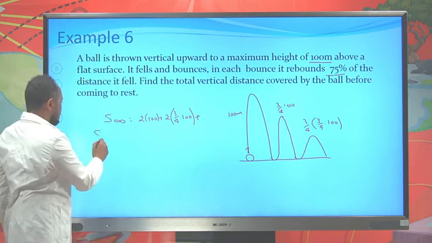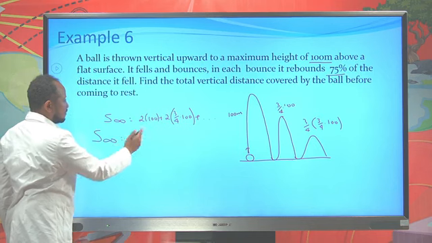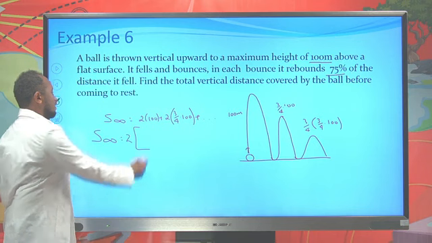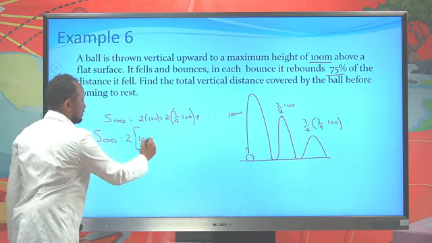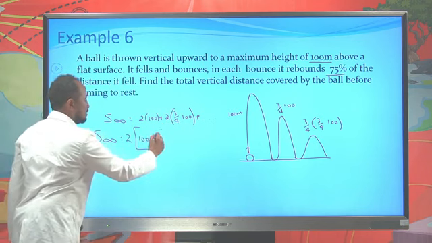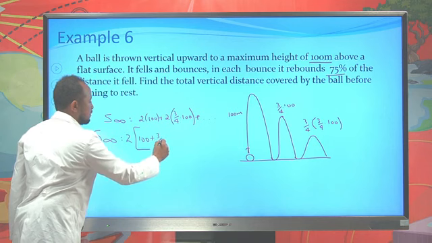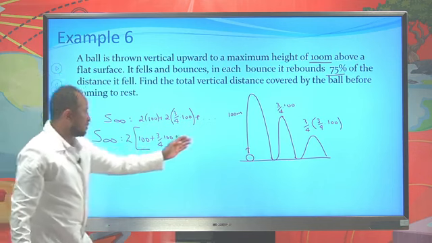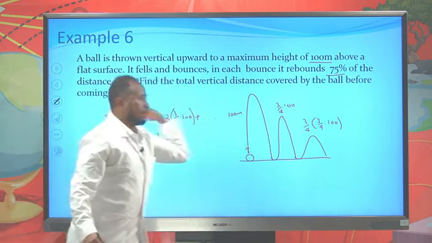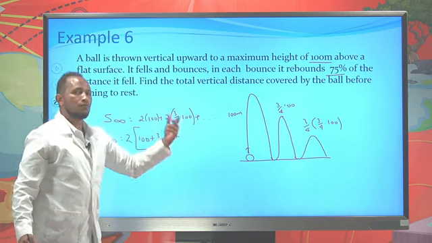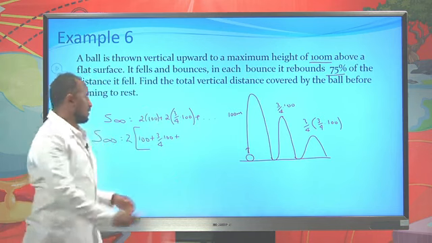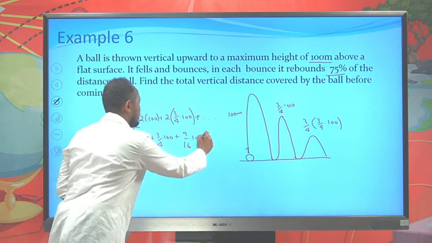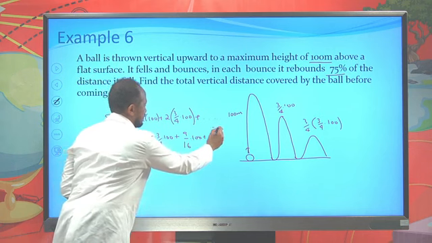Therefore, to find the infinite sum, S infinite, you can take 2 outside. You will have 100 plus the next term, 3/4 of 100, plus on the next term, having factored out 3/4, 9/16 of 100, plus it goes on like this.